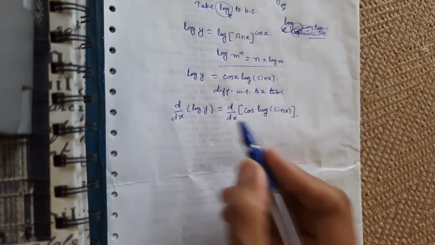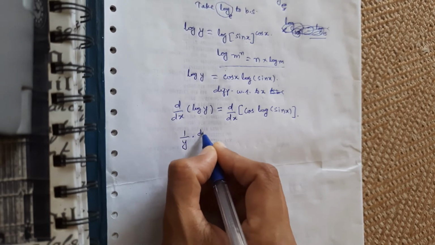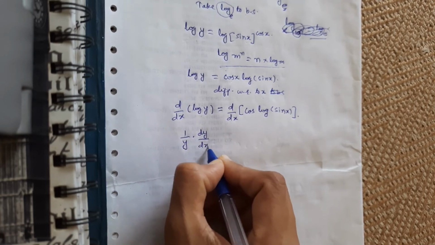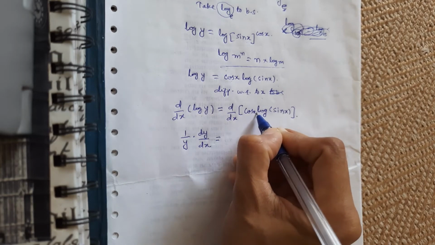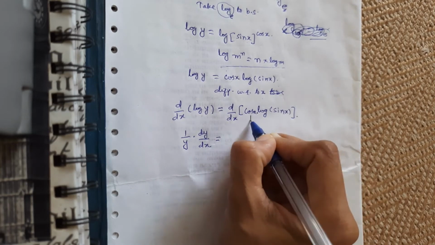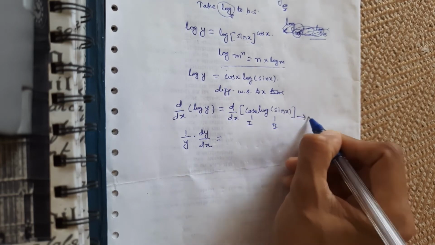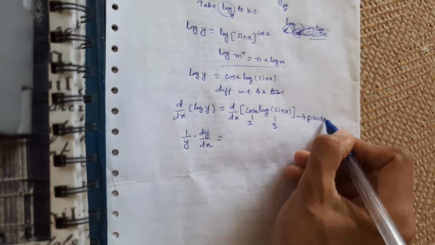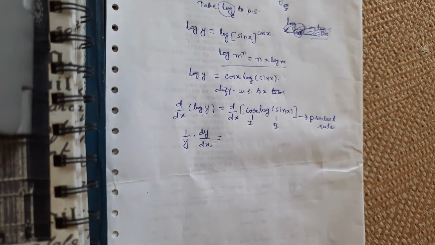Now I know that the derivative of log y is 1 upon y multiplied by dy by dx, equal to, now here, cos x into log of sin x. So this is my first function, this is my second function, and here we need to apply the product rule. What does the product rule say to us?